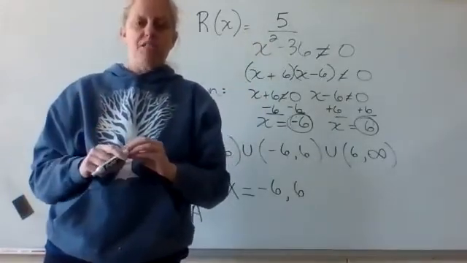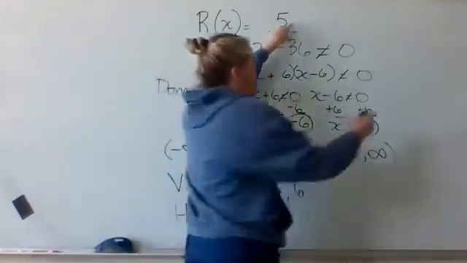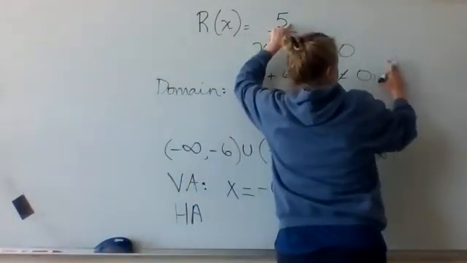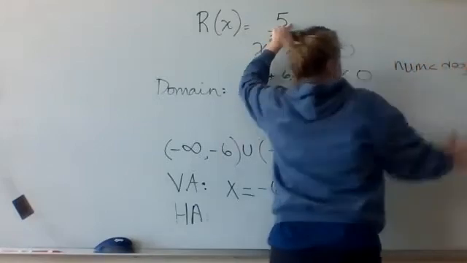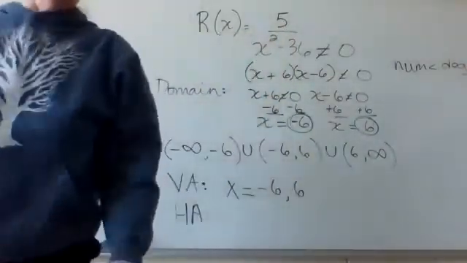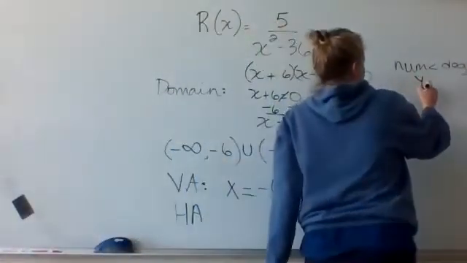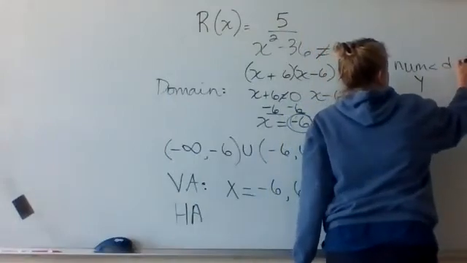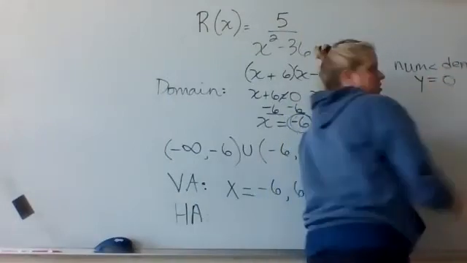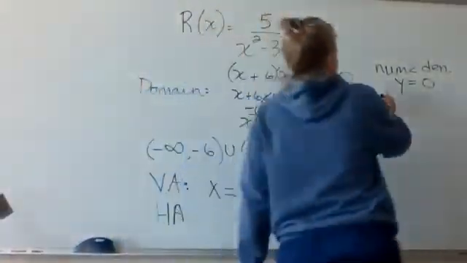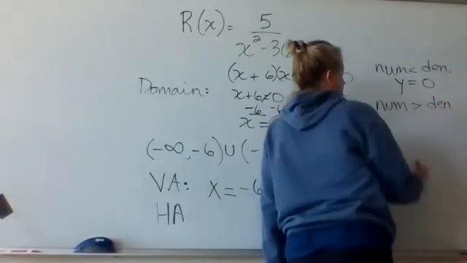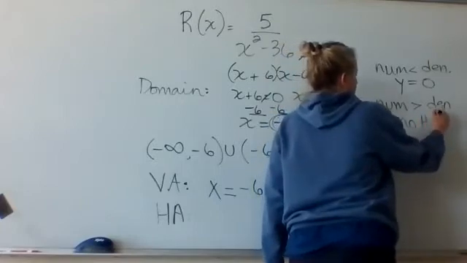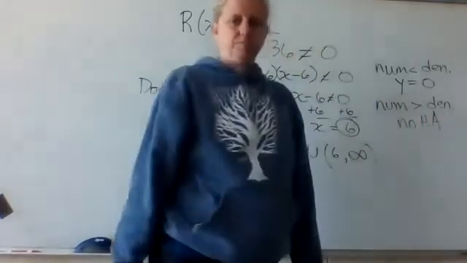There are 3 different options. If the degree of the numerator is less than the degree of the denominator, the horizontal asymptote is automatically y equals 0. If the degree of the numerator is greater than the degree of the denominator, there is no horizontal asymptote.